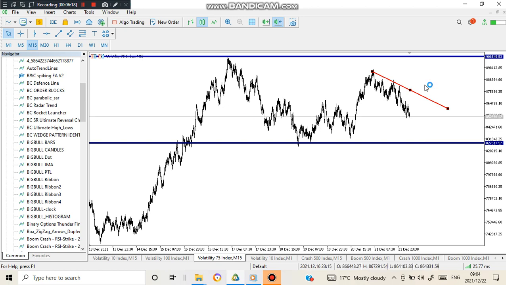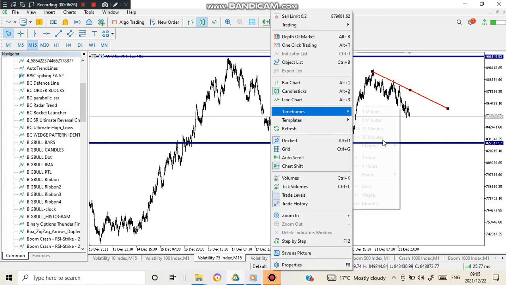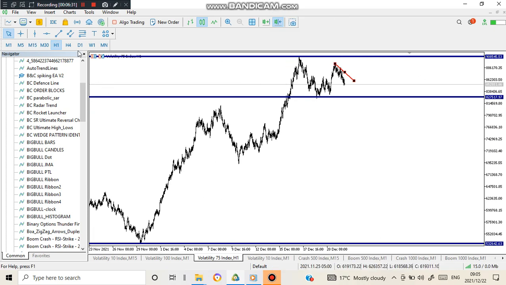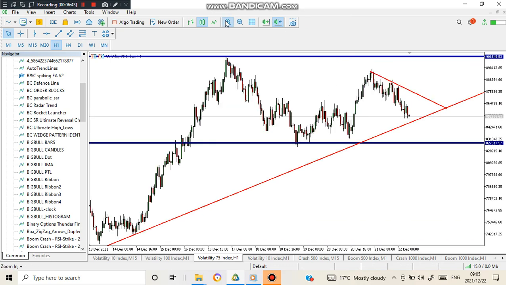But if price comes down and breaks below this level, we know for certain that the market is going to go in a downtrend hard. When we go back to the 1 hour time frame, since I showed you guys a trend line at first, if the market decides to break below this trend line, what do you think is going to happen?